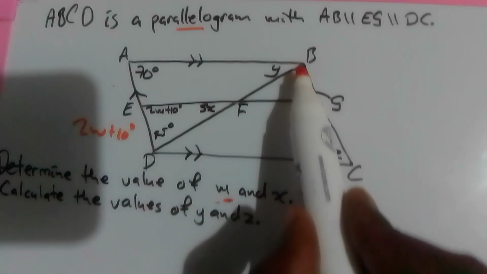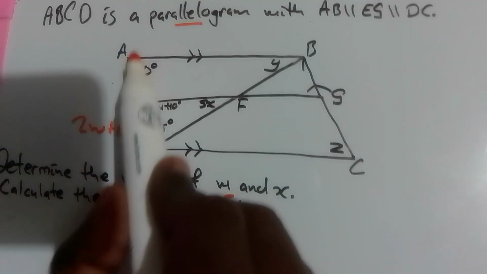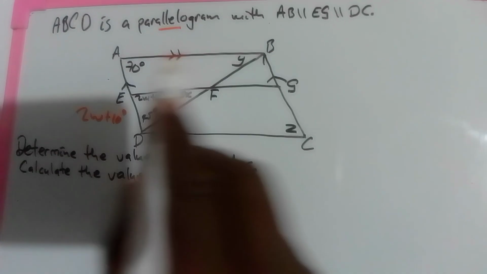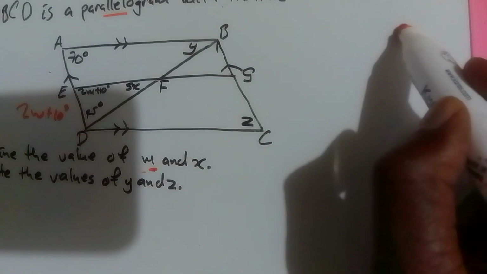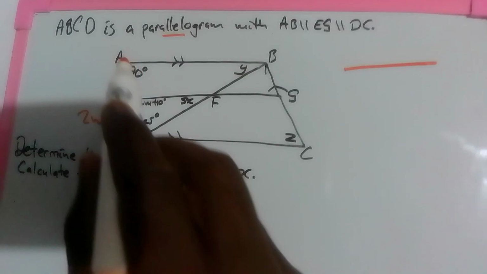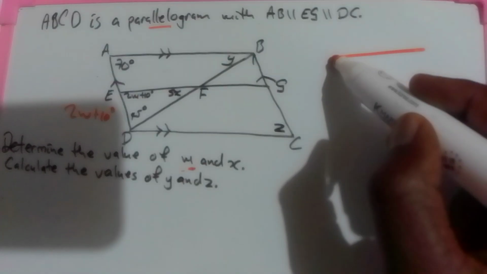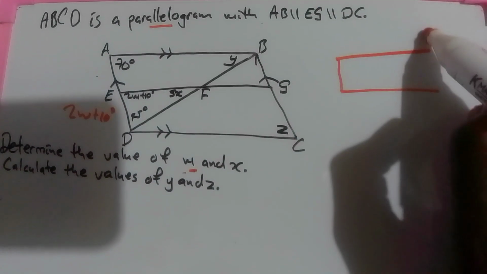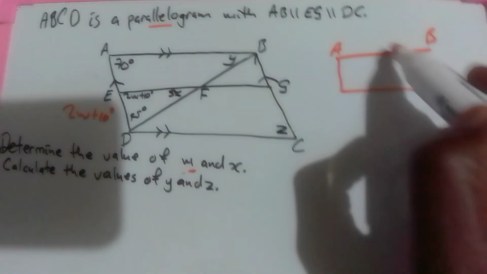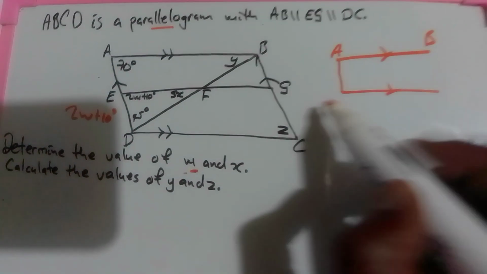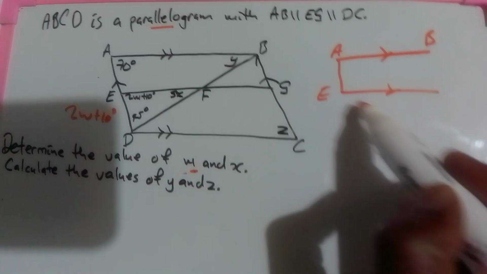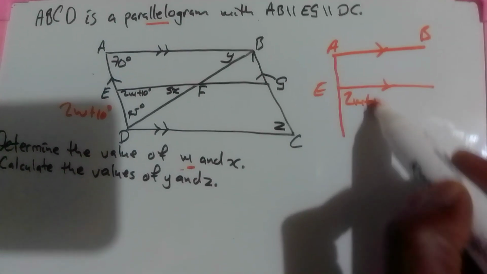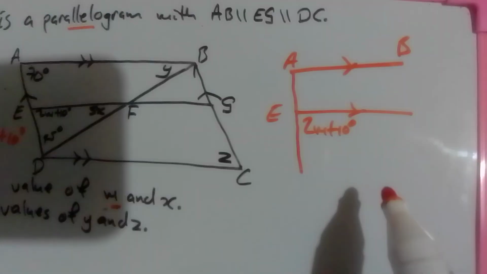Why? Because observe, if I draw it from point B to point A, from A to E, from E to G. This is point B, this is point A, this is parallel to that. Then this is point E, where there's 2W plus 10 degrees. What letter do I see here?